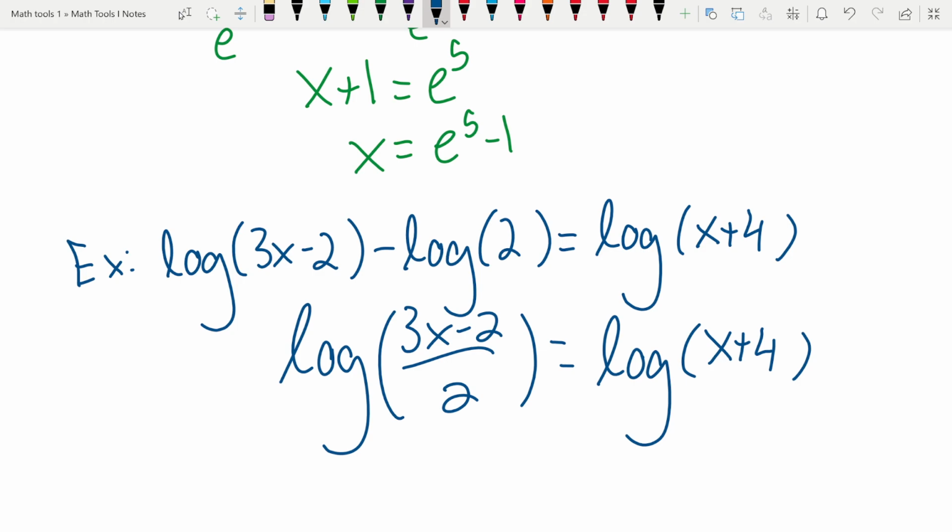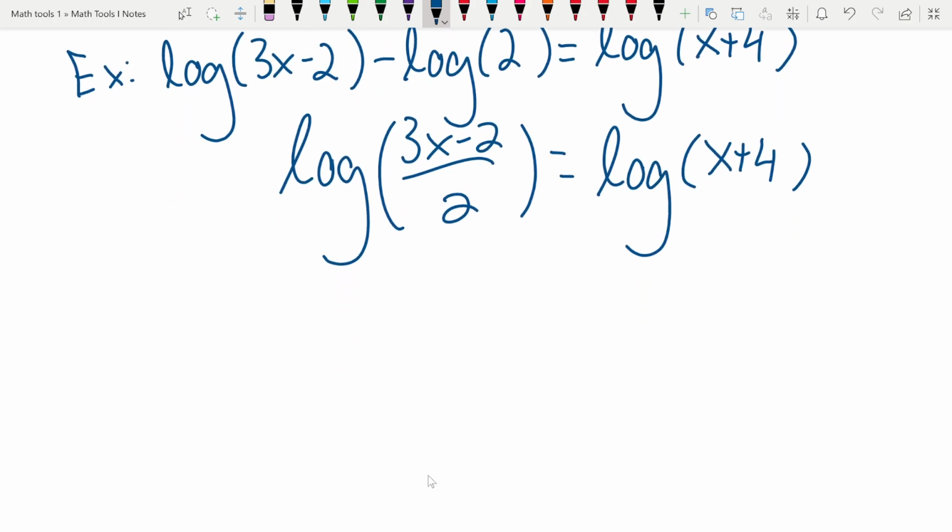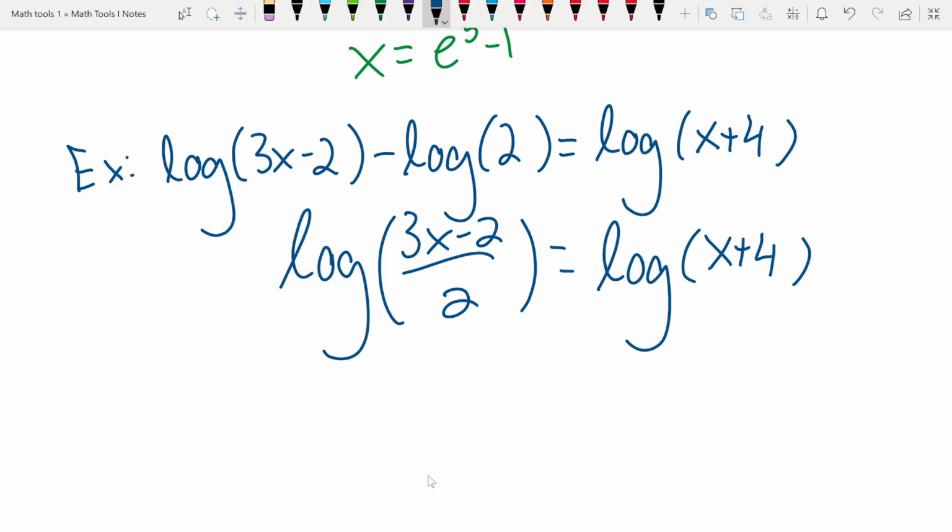Now we just have the log of something equals the log of something. At this point, you could exponentiate both sides. We don't know what the base is, but it really doesn't matter because the logs would just go away on both sides. If we assume it's e, we would do e to both sides and they would cancel out.